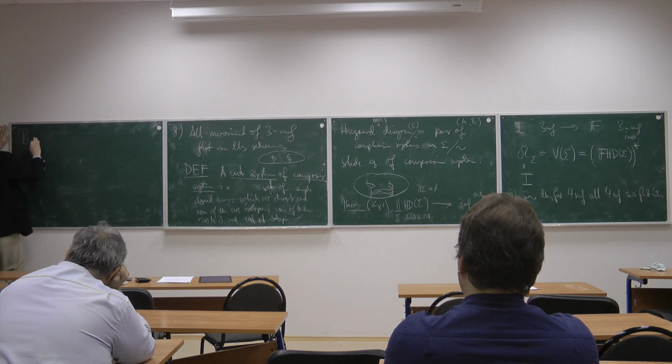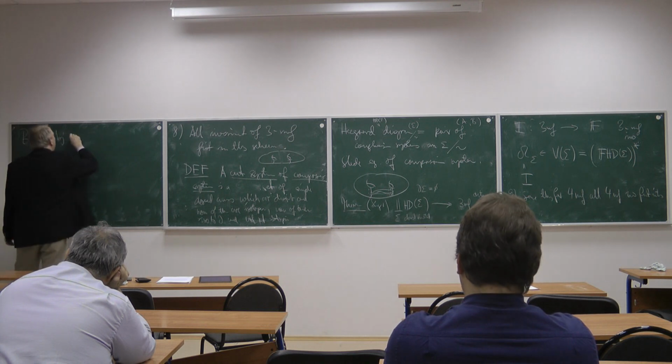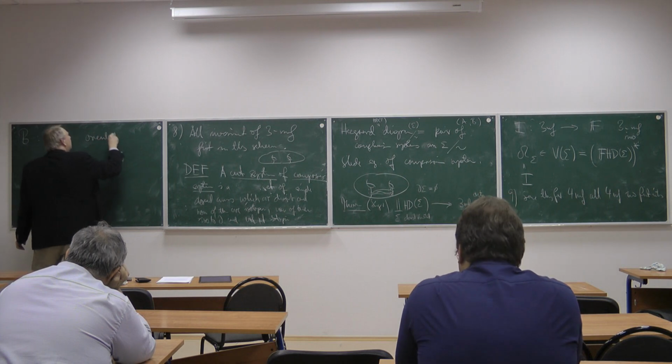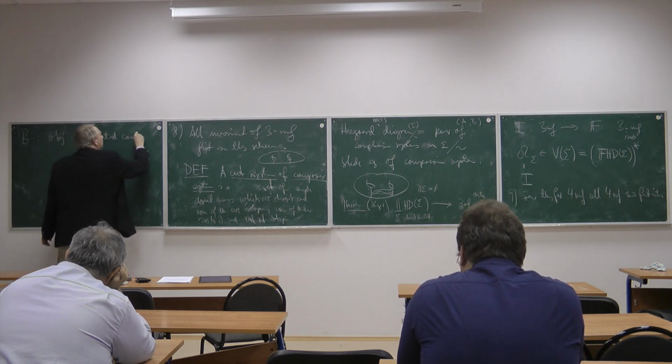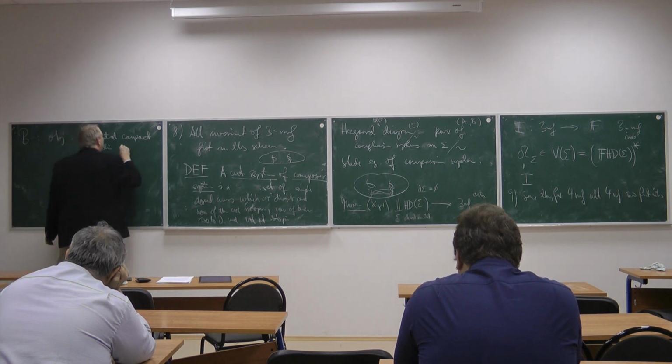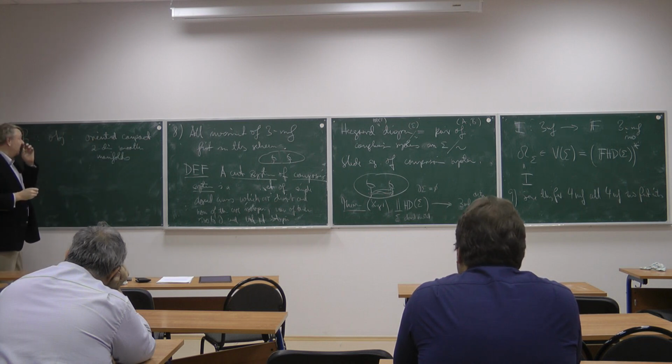So B here is my category of surfaces. The objects will be oriented, compact surfaces, so two-dimensional smooth manifolds. That's the objects.